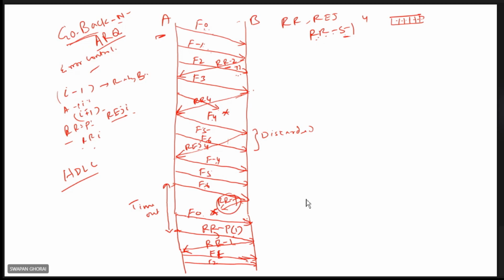Ready to receive. What is the meaning of RNR? Sir, RNR. That also I told you. What is the meaning of RNR? I do not know RNR, sir. So you tell me what is RRP? Sir, what is RRP?